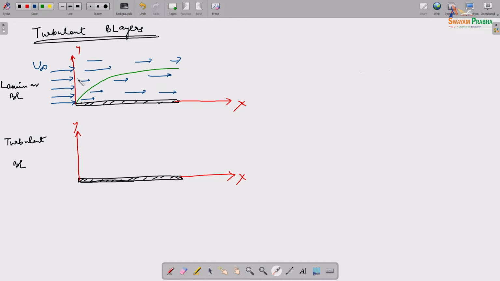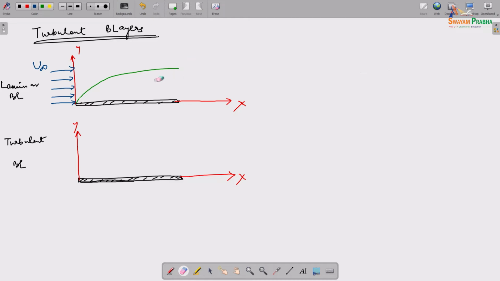Okay. So, what is the difference then? It came in like this. So, this was a velocity profile that I have drawn here. How would this look like? Let me erase these things. Anyway, these are basically the free stream.